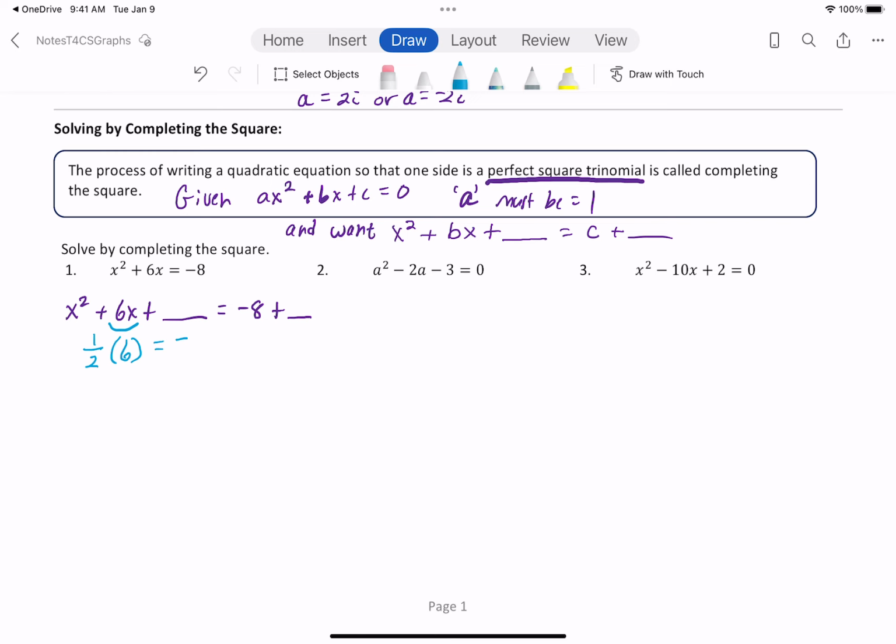We know 6 divided by 2 is 3. If you want to put that in the calculator, you can do that too. So we're going to multiply it times 1/2, and then we're going to take the number that we get and square it. So I multiplied 1/2 times 6 and got 3. I'm now going to square 3 and get 9. That 9 is what fills in the 2 blanks that we drew up here.